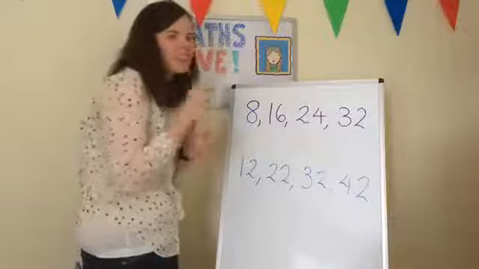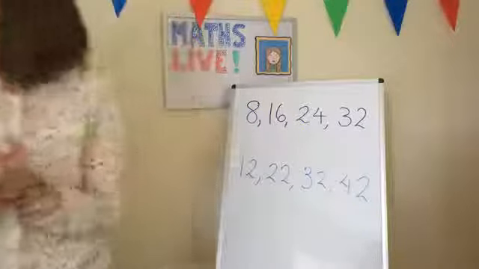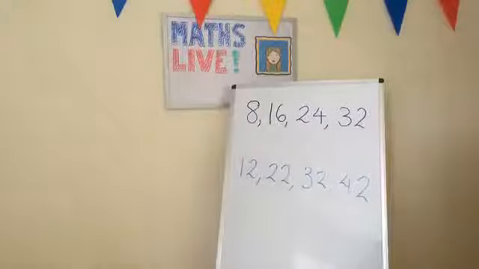I want the letter n in there. See if you can write the formula that includes the letter n. So it's not just add something, it's got to have the letter n in.